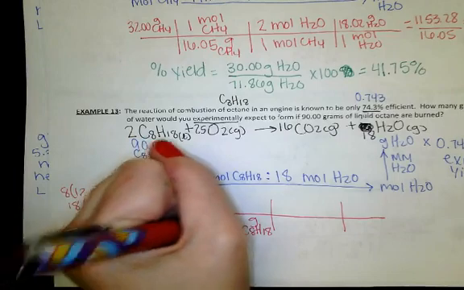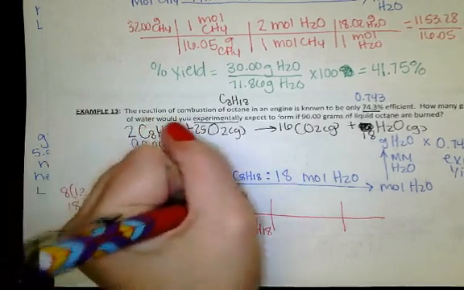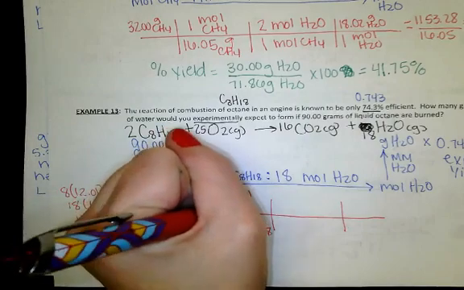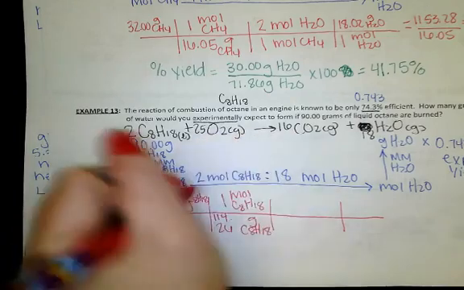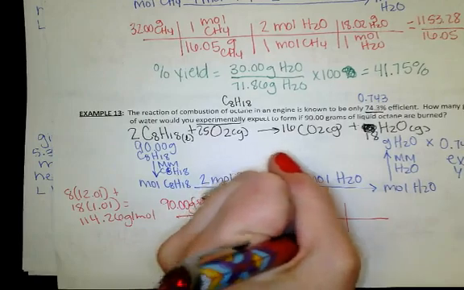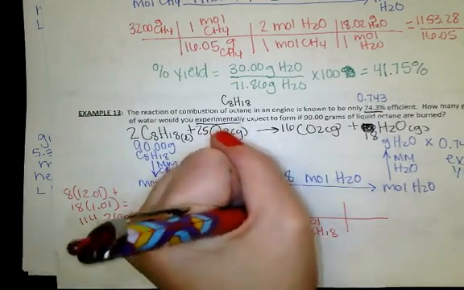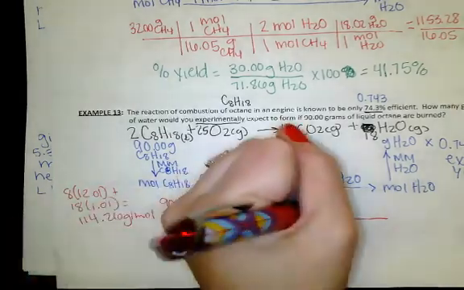Okay, and then we're going to do our mole to mole ratio. 2 moles of octane to 18 moles of water. And then we're going to go from moles of water to grams of water. 1 mole of water using our molar mass of water, 18.02.